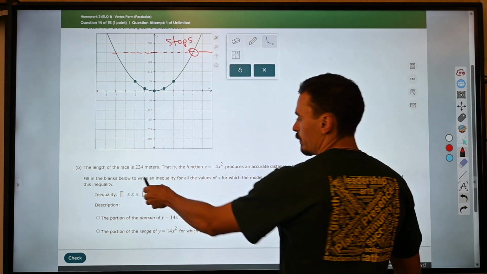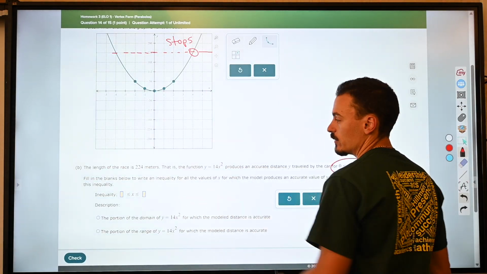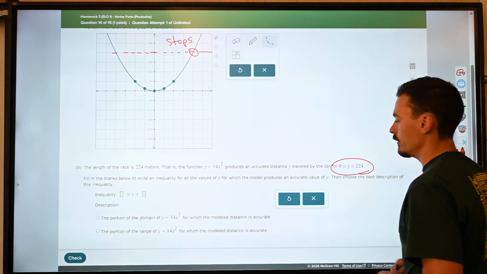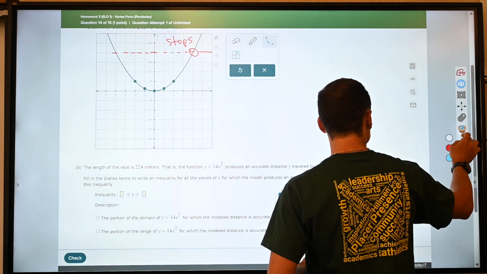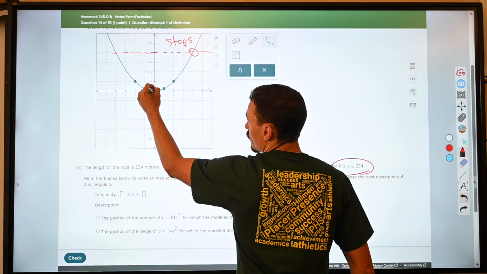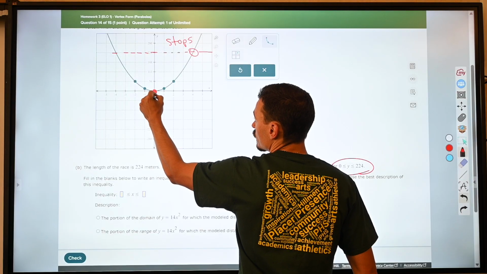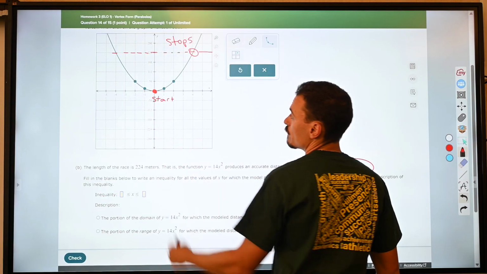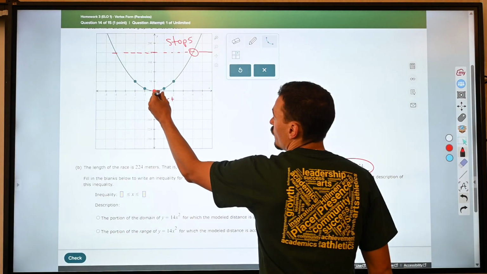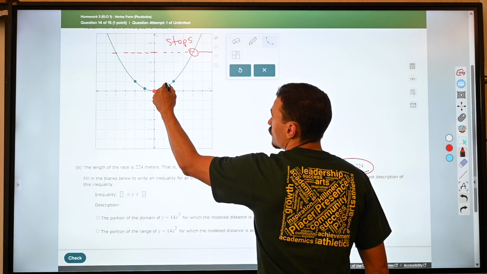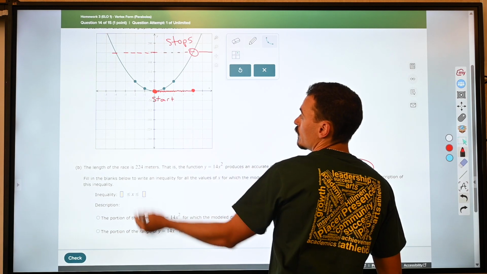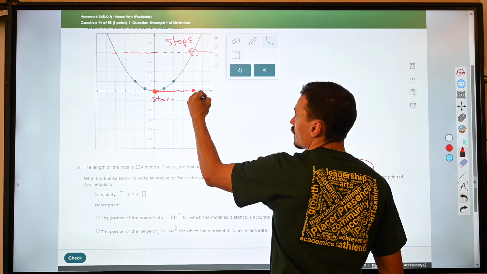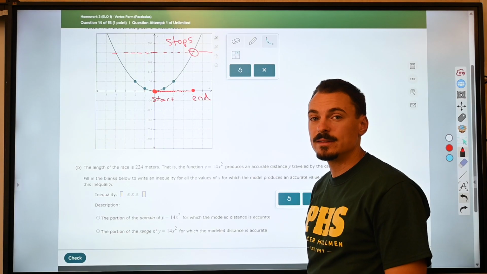It wants us to fill in the blanks below to write the inequality of values for x that compare to these y values. So if we're looking here for the race, we would start at 0, and then we would travel all the way to 4 seconds, and that's the end of the race.